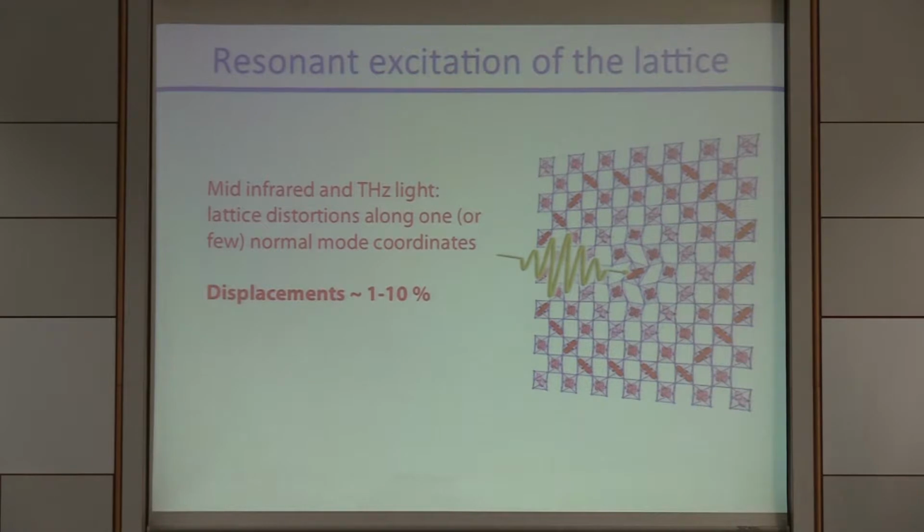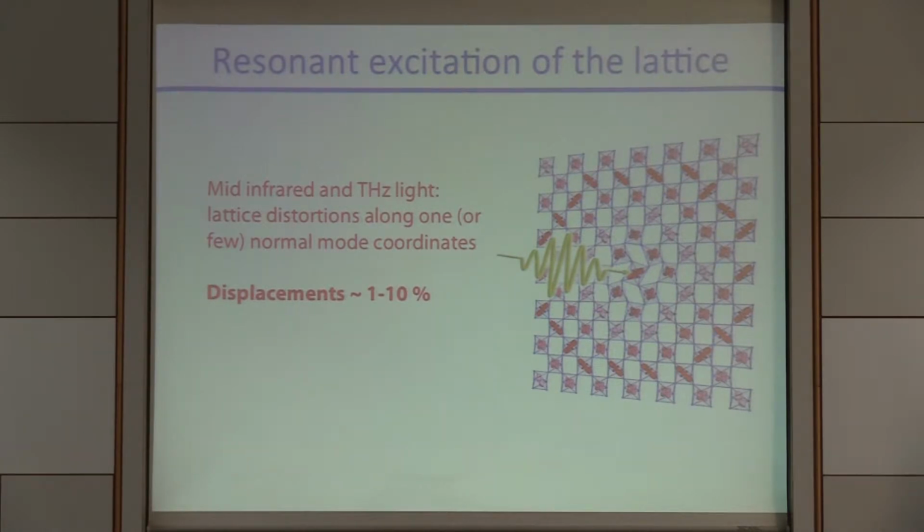Right, so the whole talk is going to be about modulating the structure of solids by using terahertz and mid-infrared radiation that couples onto infrared active lattice vibrations and shakes them. Depending on the polarizability, fields that are resonant with a mode of the solid of many megavolt per centimeter are actually not that hard to make.